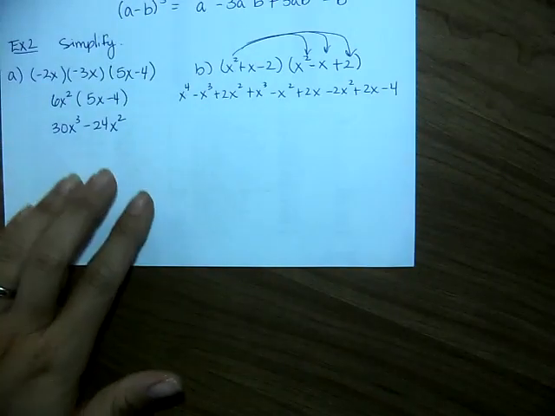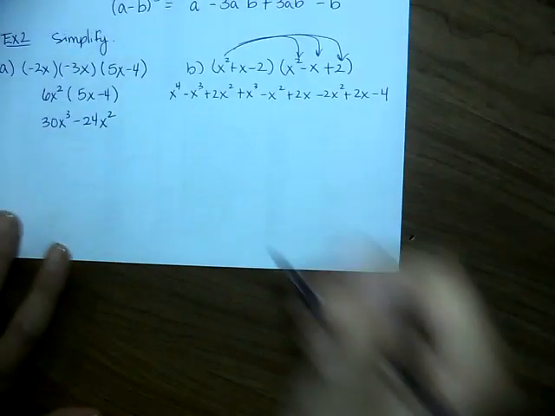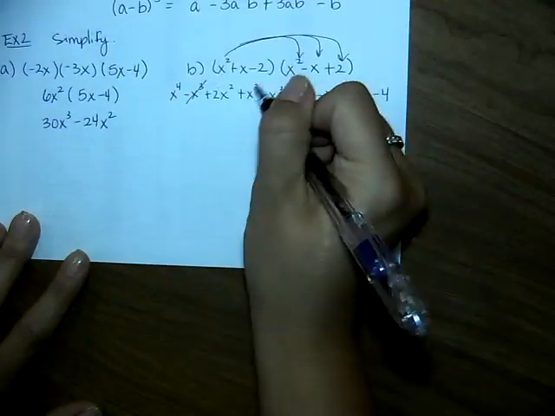Maybe check your first step with mine and see if we agree with each other. And then we're going to want to combine our like terms. So keep going with that.